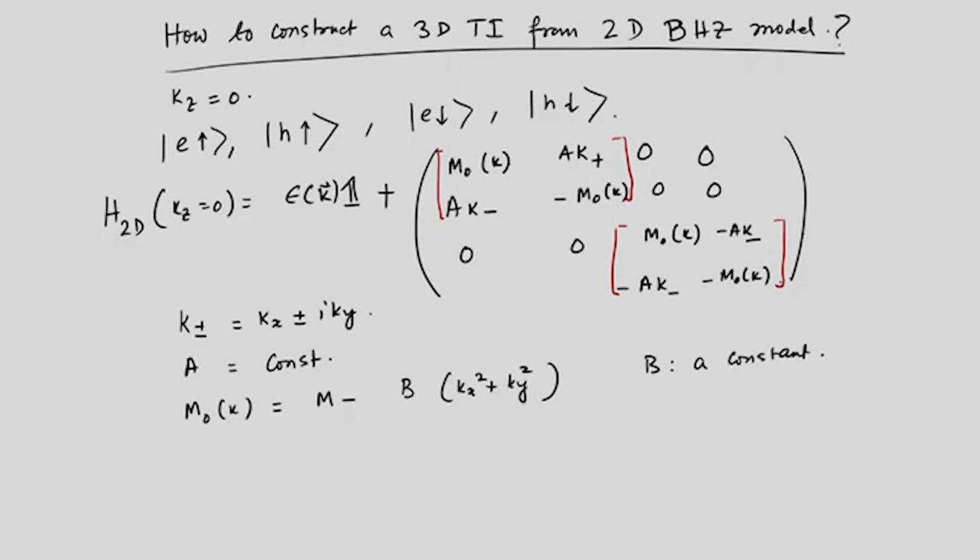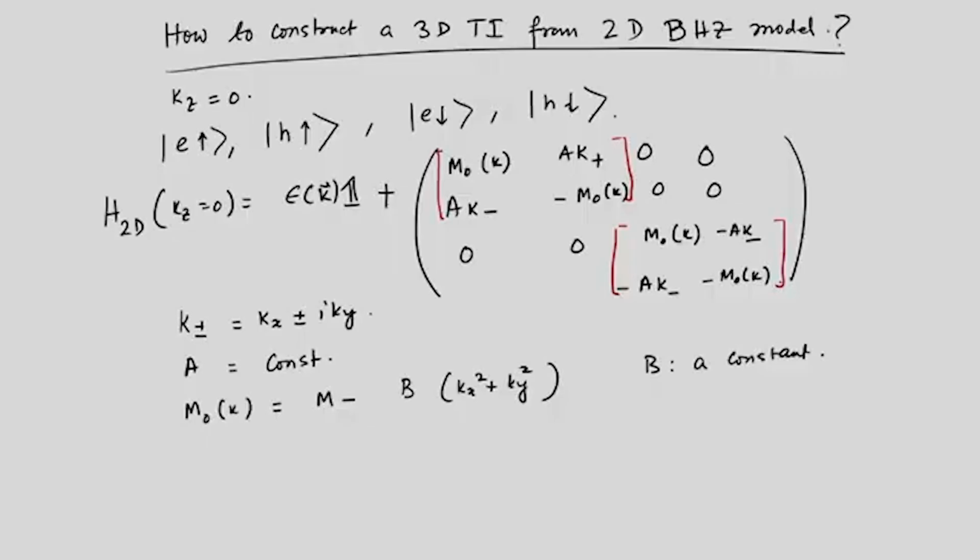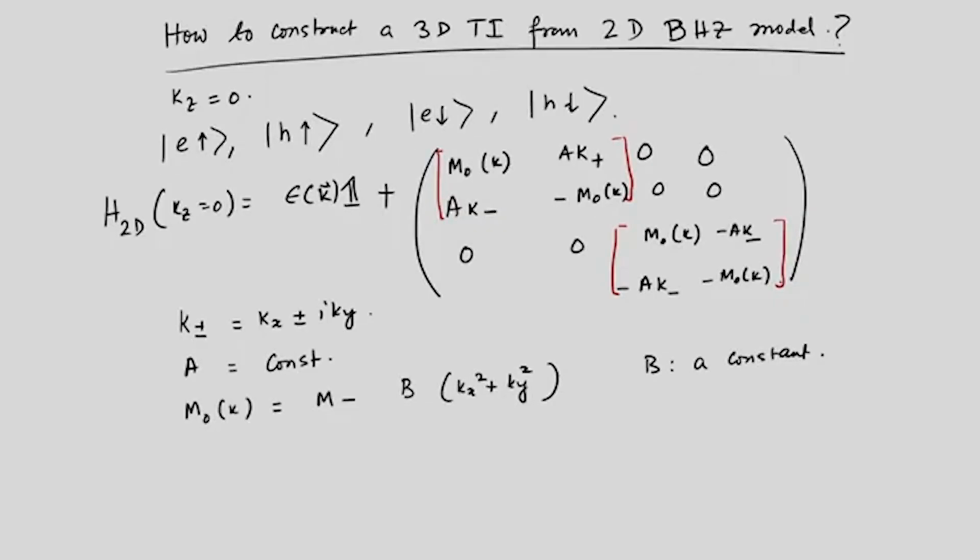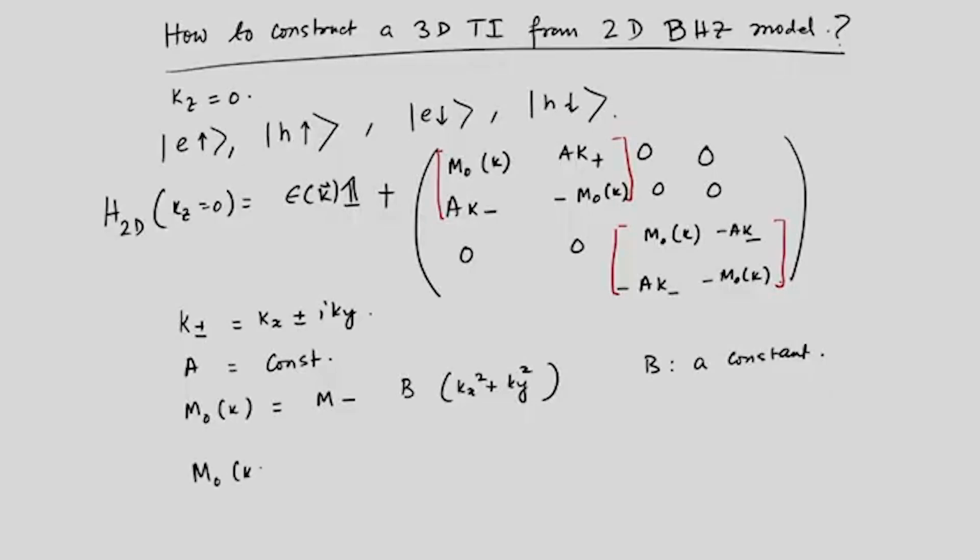Okay. So, that is the 2D BHZ model, and so how does it undergo a topological to trivial transition as the width of the HgTe slab exceeds a certain critical width, which let us call dc, which has some value, 6 point something nanometer. So, this model, if it has to capture the essential physics of that transition, then it has to undergo a topological to trivial transition, and in fact across that transition m0k changes sign.